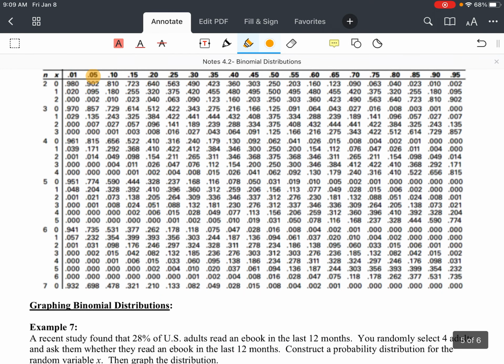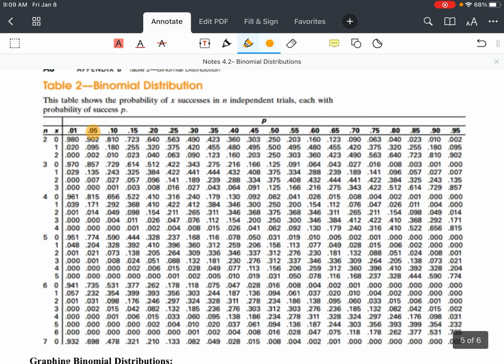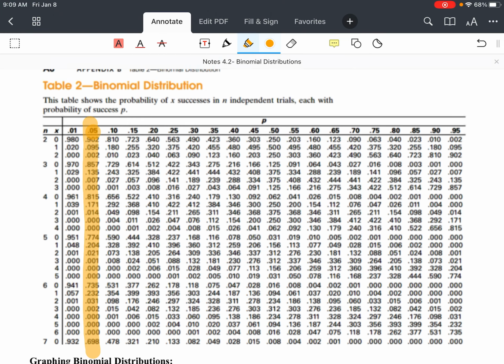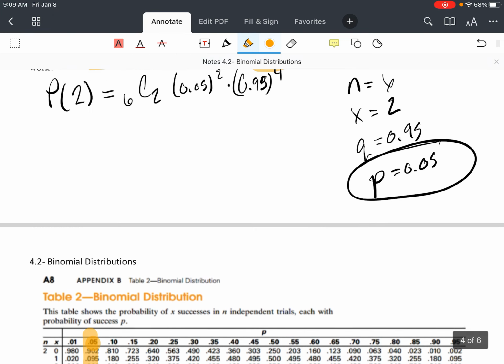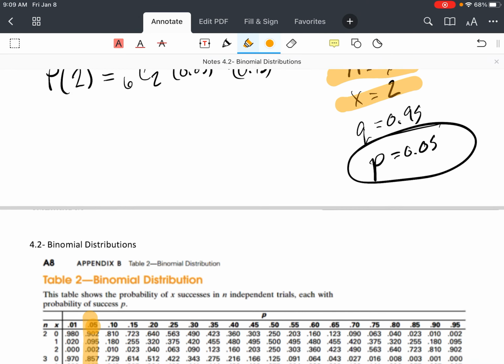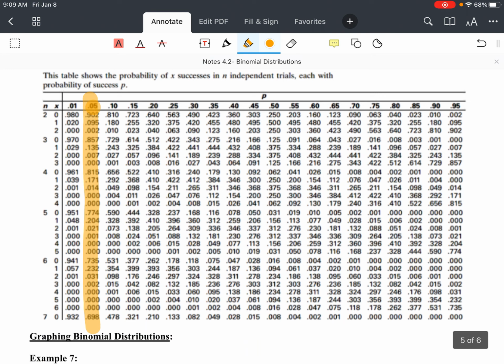We're looking for 0.05, so this one here, and I'm going to only focus on this column. Then I'm going to look at the left-hand side where it says n and x, and look for my n value, which is 6, and then my x value under that, which is 2.